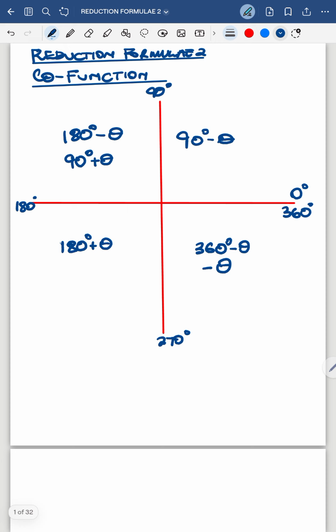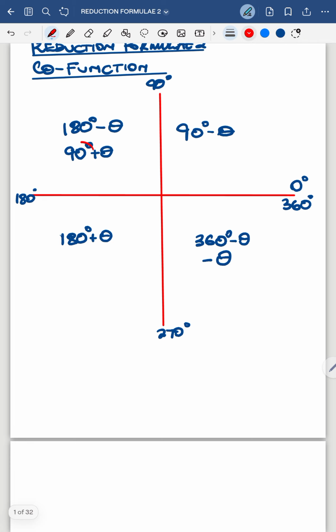But now we're going to focus on cofunctions, so let's erase the other ones. What are the cofunctions? Cofunctions are the ones that have 90 degrees.